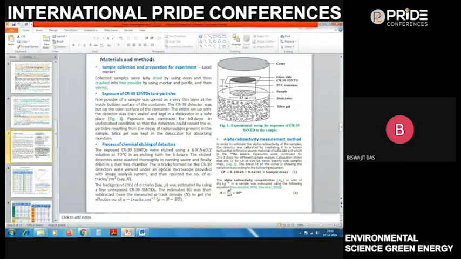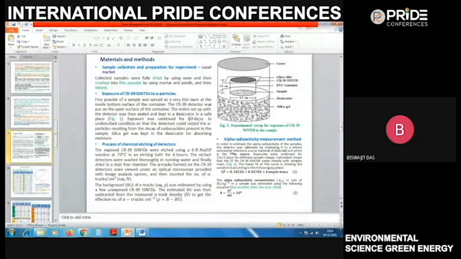The sample was spread as a very thin layer at the inside bottom surface of this field box, of dimension 1.0 centimeter height and 0.5 centimeter diameter. After spreading the sample, a glass slide was put on the top of the field box and then well sealed. The whole experiment was kept in this desiccator for about 60 days.